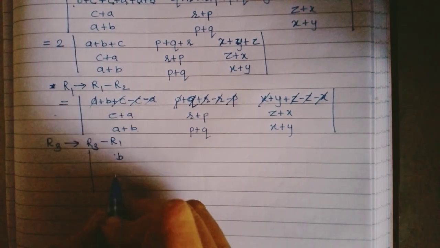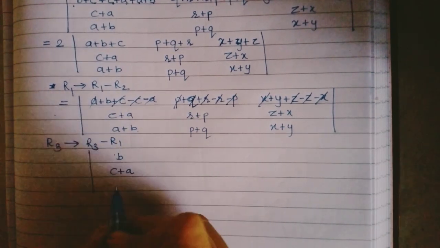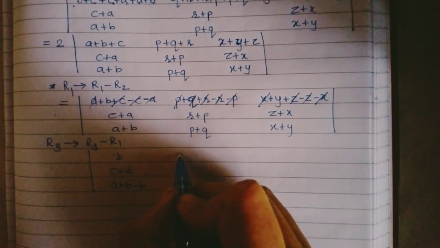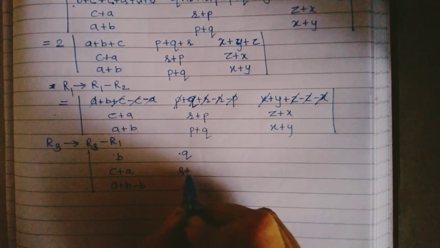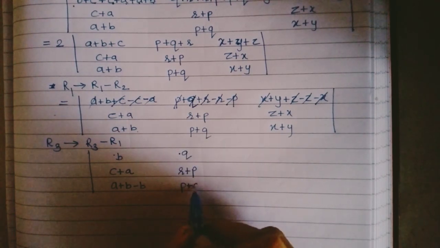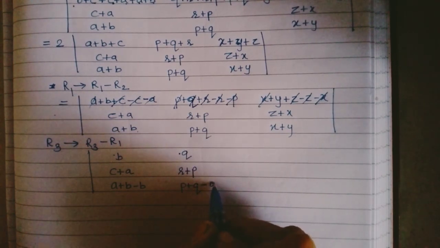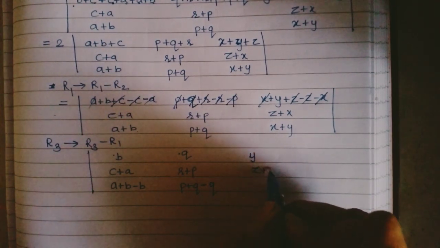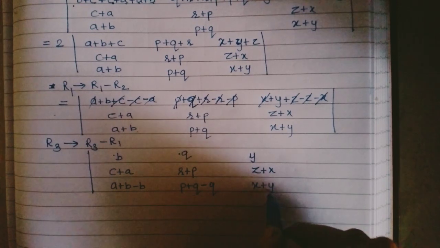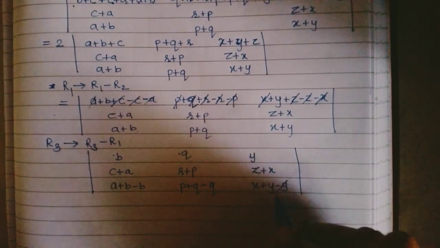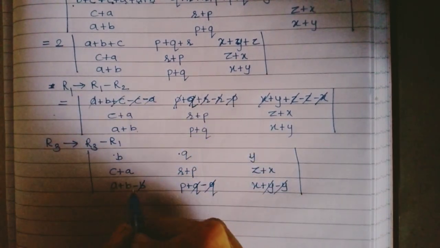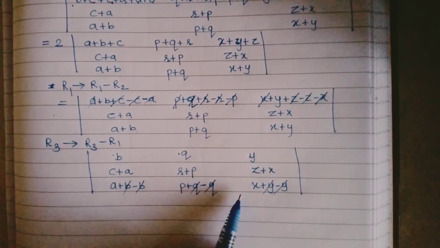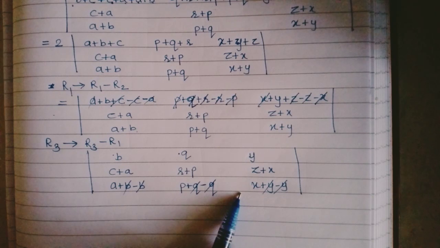So B, C plus A, and here you will get A plus B minus B, then Q, P plus Q minus Q, and Y, X plus Y minus Y. Okay, so our last row elements are A, P and X.